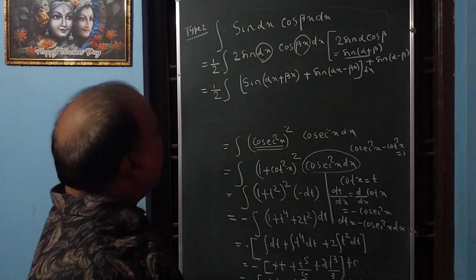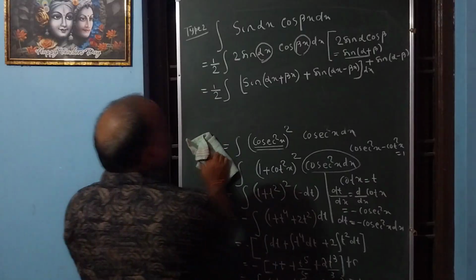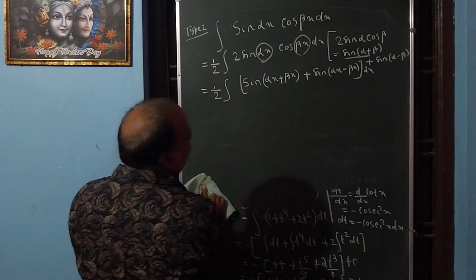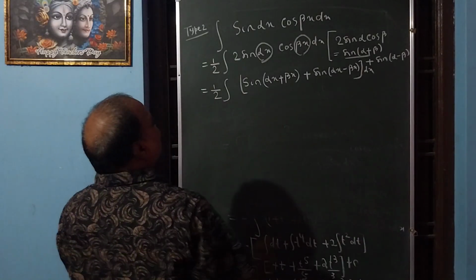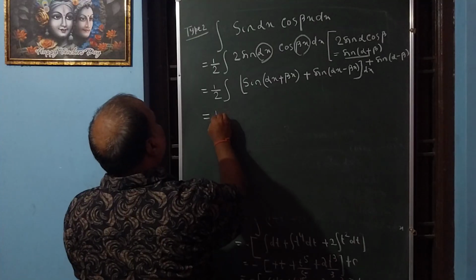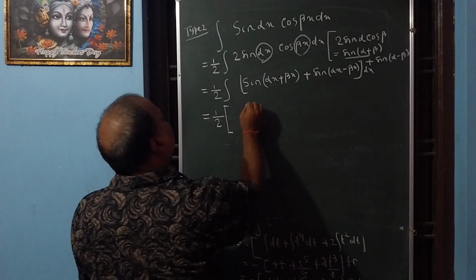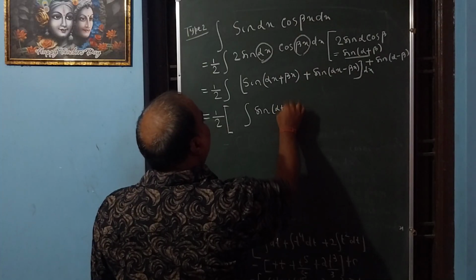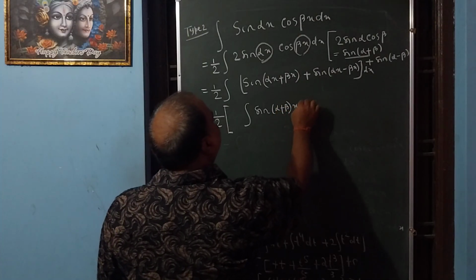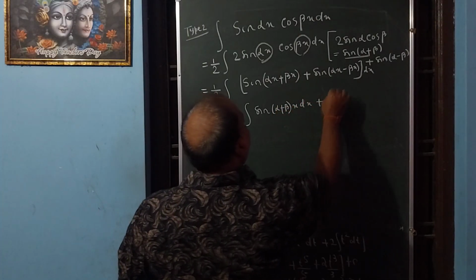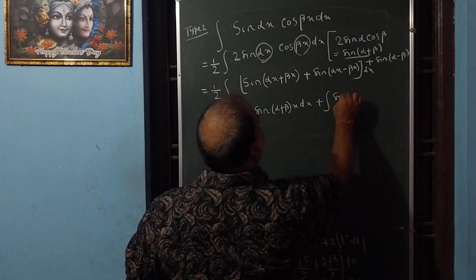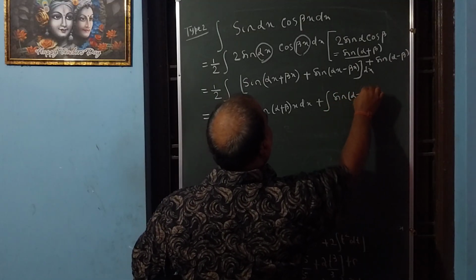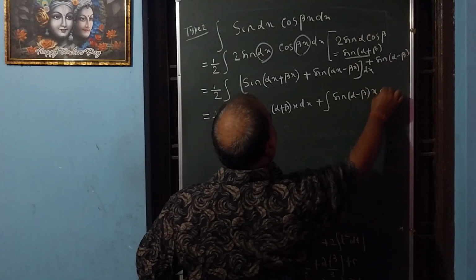Now we have to integrate. It becomes 1 by 2 integration of sin of (alpha plus beta) x dx plus integration of sin of (alpha minus beta) x dx.